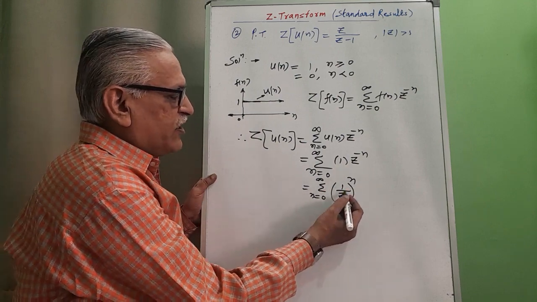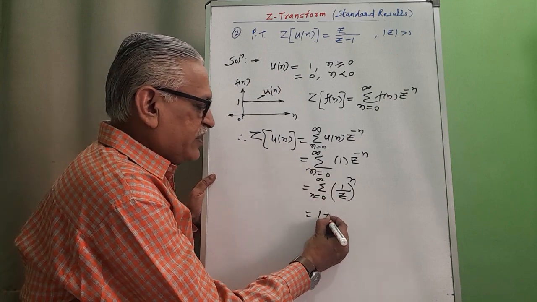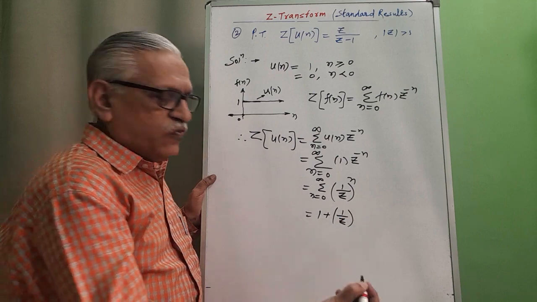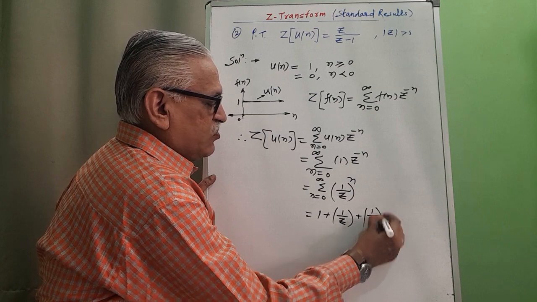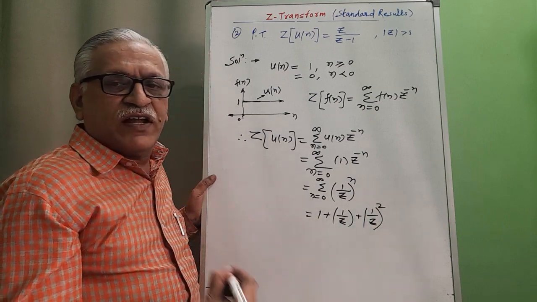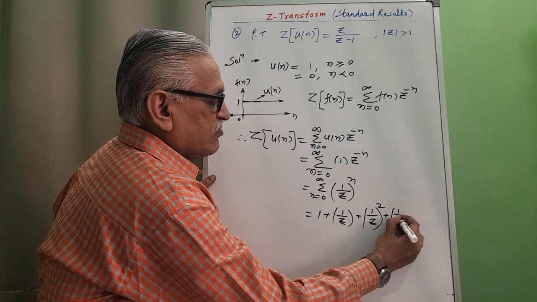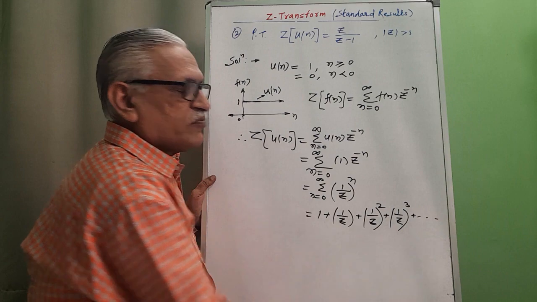Substituting the values, for n equal to 0 we get the first term as 1. For n equal to 1 we get that term as 1 by z. For n equal to 2 we get 1 by z whole square. For n equal to 3 we have 1 by z cube and so on.